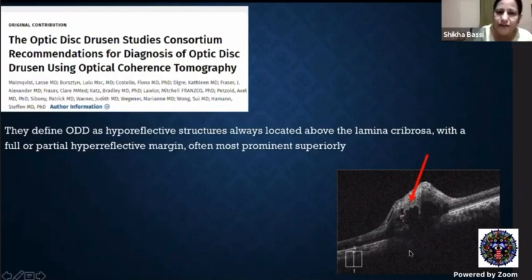The consortium described the calcified drusen as a hyporeflective echo with hyperreflective margins, which are seen more clearly superiorly, and these are present above the level of the lamina cribrosa.